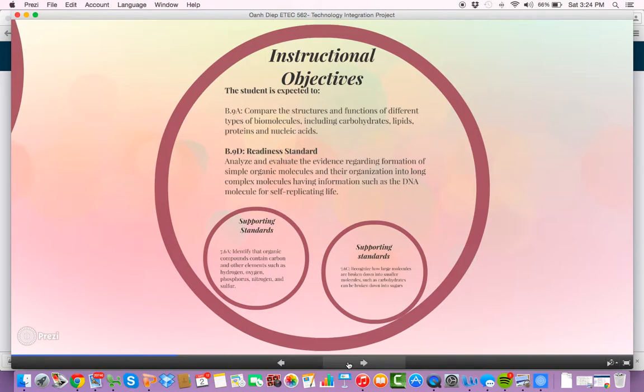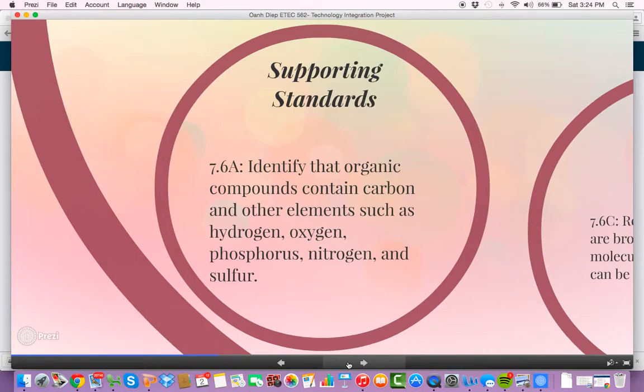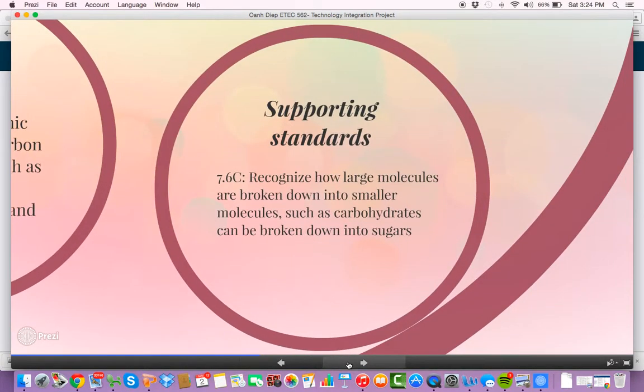The readiness standards are to analyze and evaluate the evidence regarding formation of simple organic molecules and their organization into long complex molecules having information such as the DNA molecule for self-replicating life. The two supporting standards are very similar to the readiness standards. It's more in depth, which is learning which one is organic and which one is inorganic, and the difference between monomers and polymers.